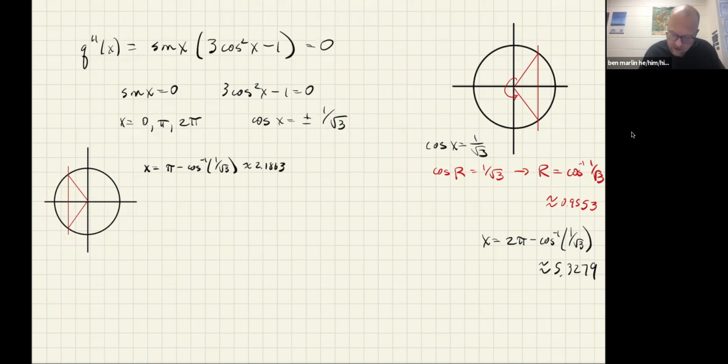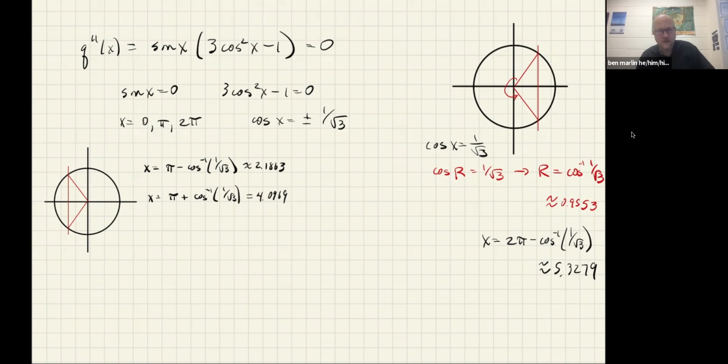And then pi plus the inverse cosine of 1 over root 3. And that's about 4.0969. Okay. And you can be much more exact or much less exact as you care to.